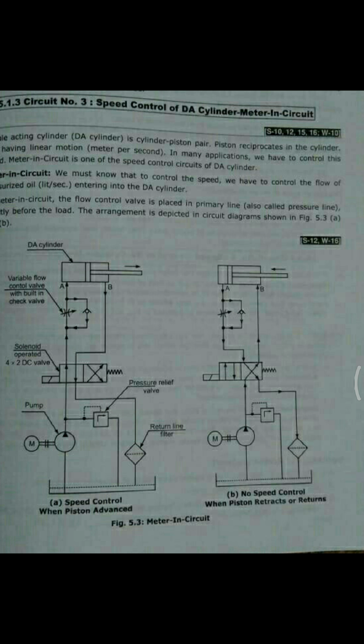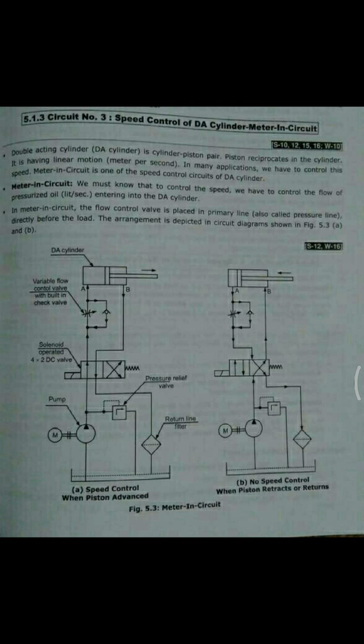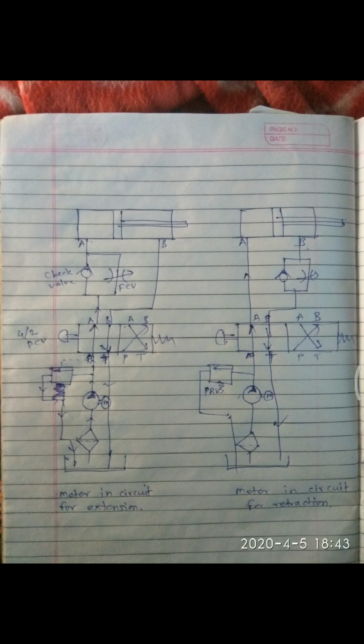Now this is the fundamental. In the return stroke it is a faster one. There can also be a meter in circuit for the retraction. I have a handwritten diagram for the meter in circuit for the retraction.